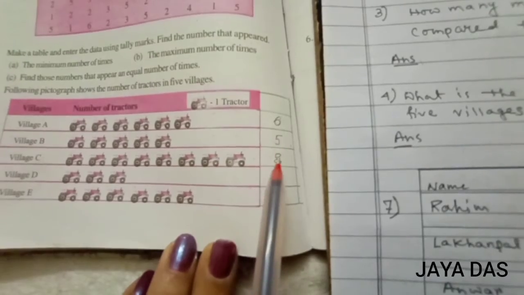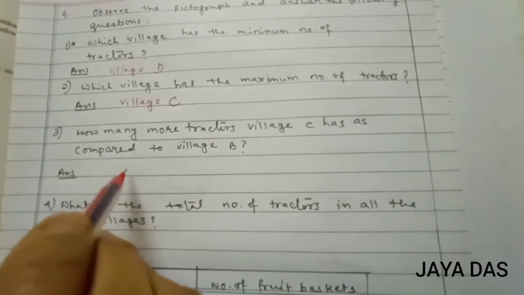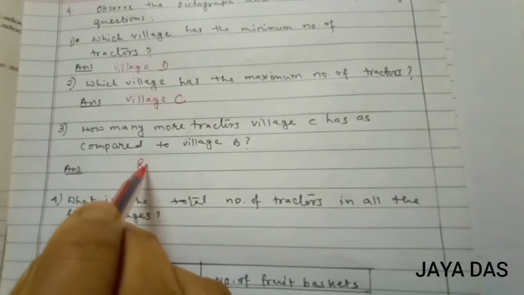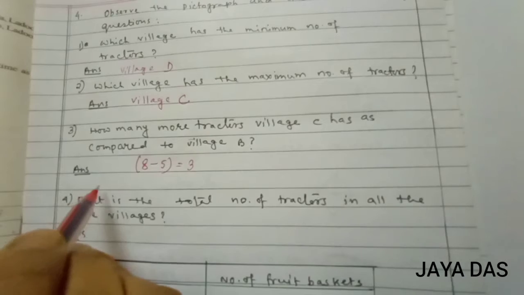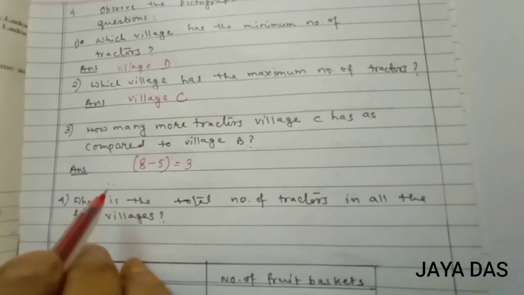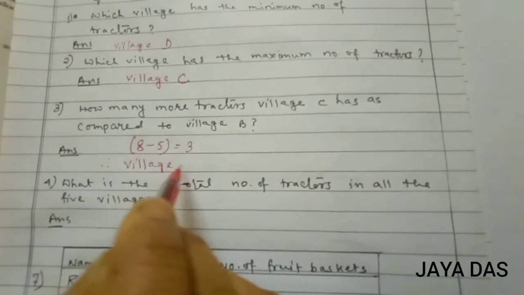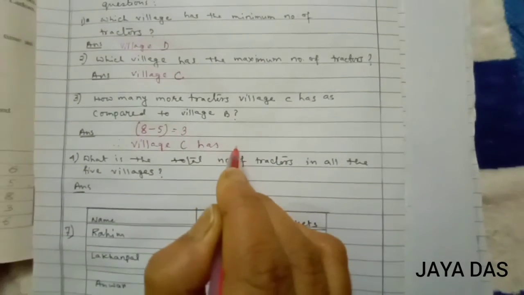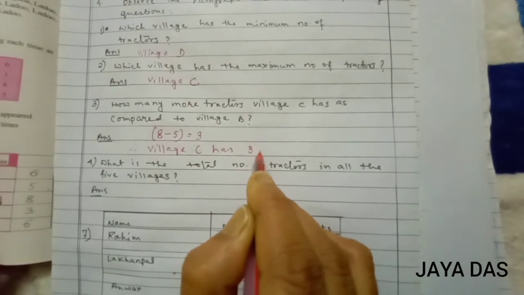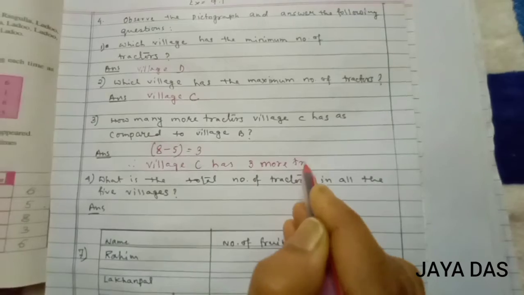So how many more tractors does village C have? 8 minus 5 is 3. Therefore village C has 3 more tractors.